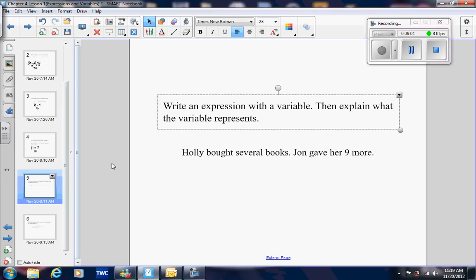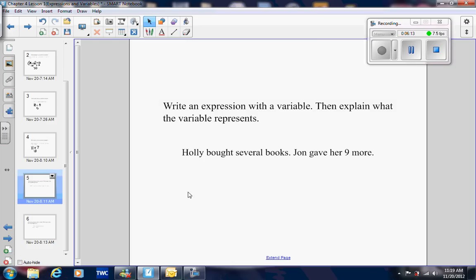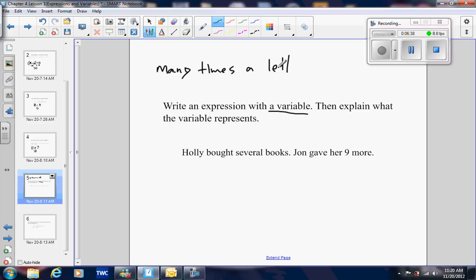As we do these next couple, we actually have what's called a variable. A variable, many times, is a letter. And a letter gets used to replace a value, a numerical value, until we find out. So a variable right here is many times a letter, and it's used for a specific purpose.